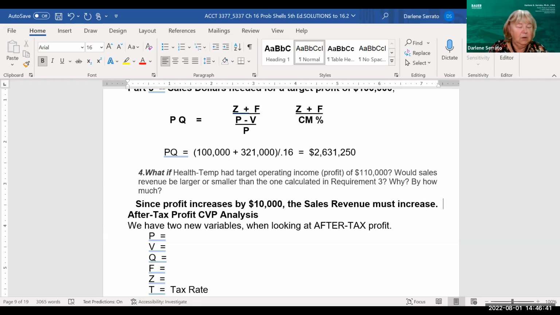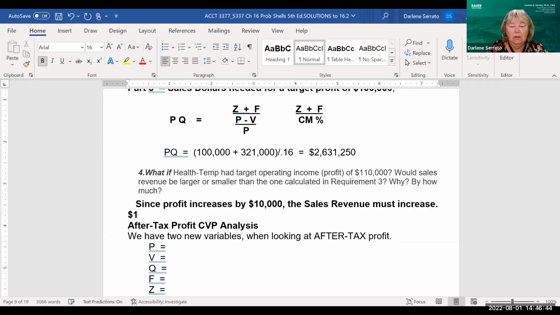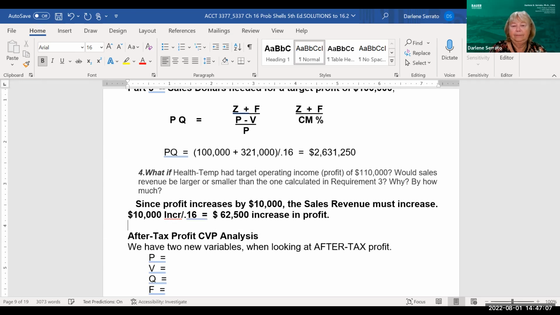So we take the 10,000 increase divided by 0.16, and that gives us a $62,500 increase in sales revenue.